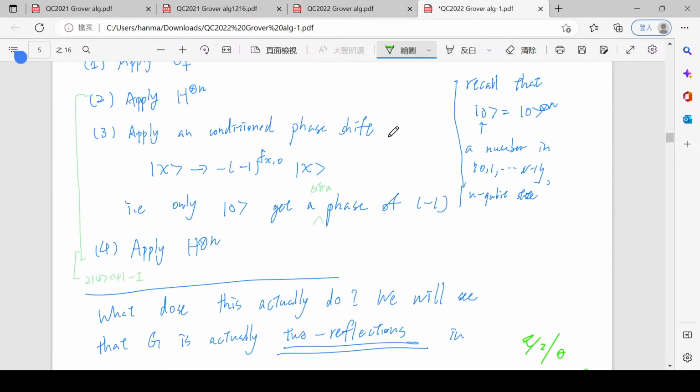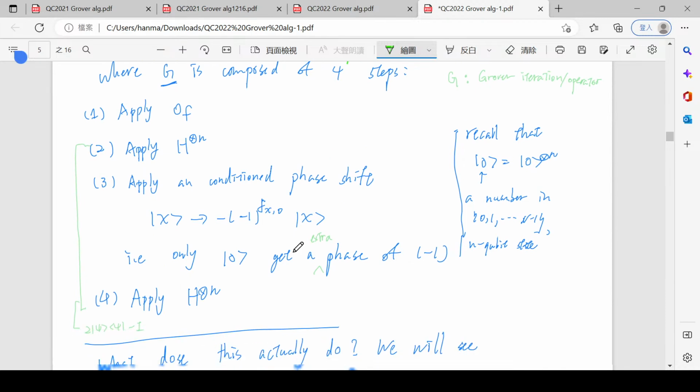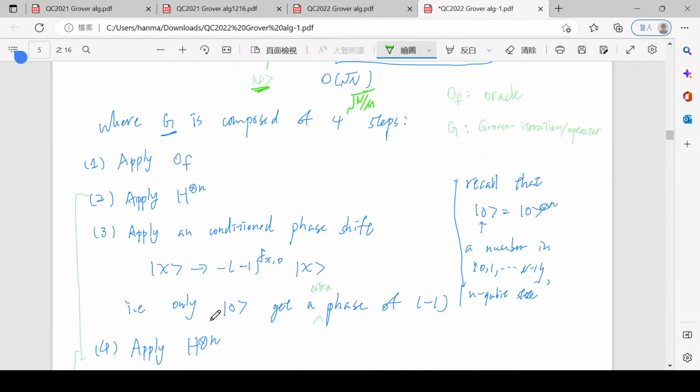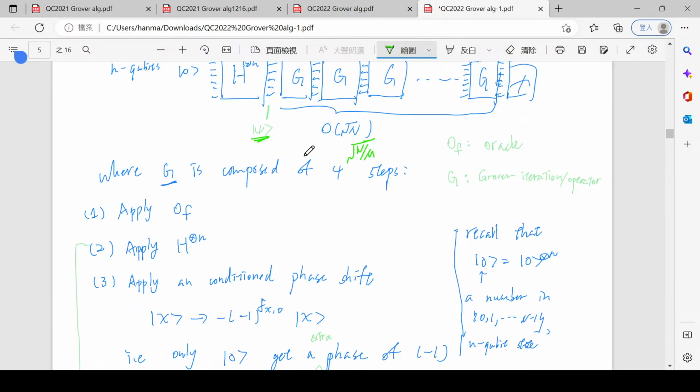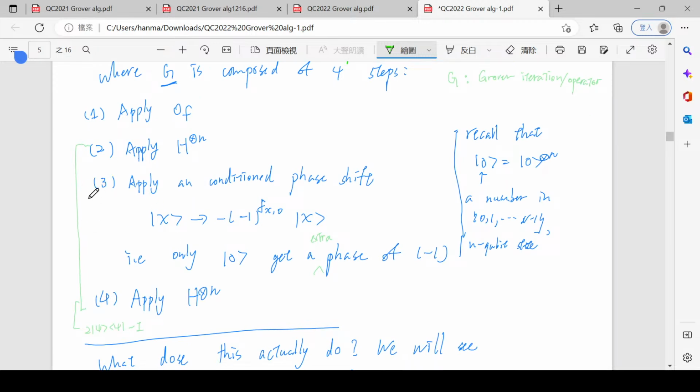So, detailed derivation. Let's first look at those 3 steps carefully. The 2 and the 4 are quite obvious: it's applying Hadamard to the n. And the 3 is also a reflection, written in this a bit funny notation, because we want to show that it can be constructed from elementary gates.